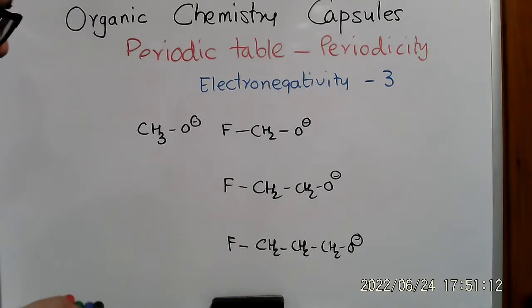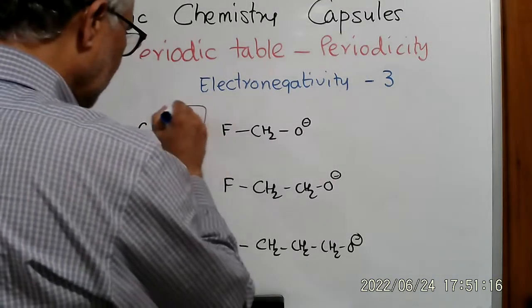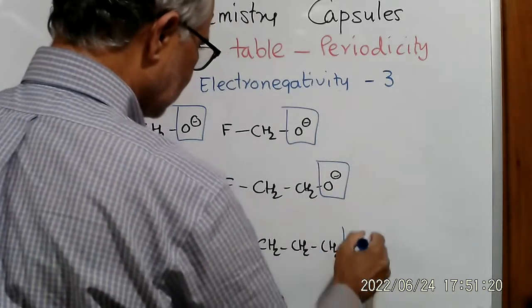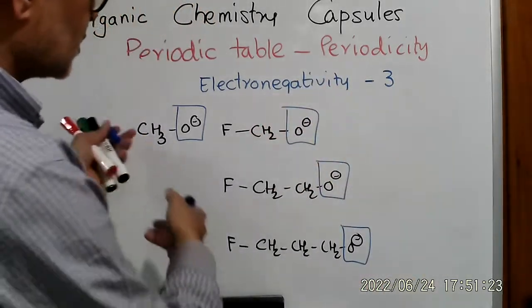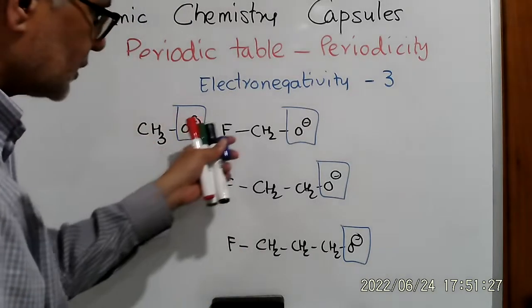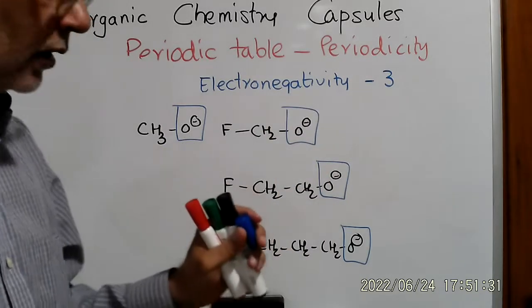Again, what do we see? The negative charge is on the oxygen atom, so the electronegativity of oxygen, whatever it is, is constant in all cases. But what's different in these four ions is fluorine.